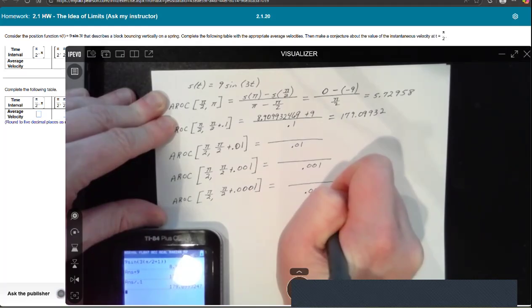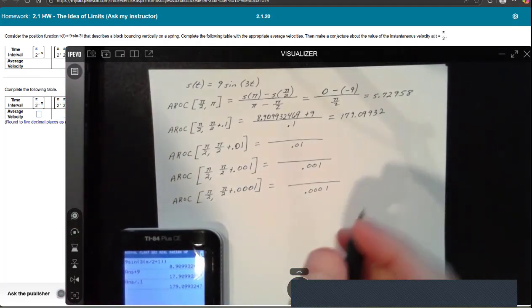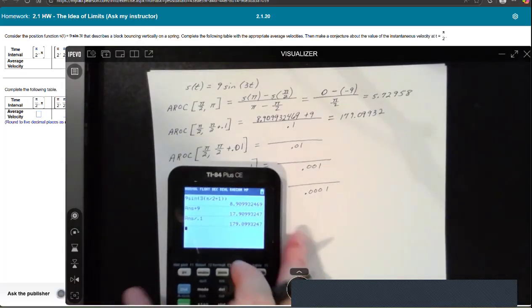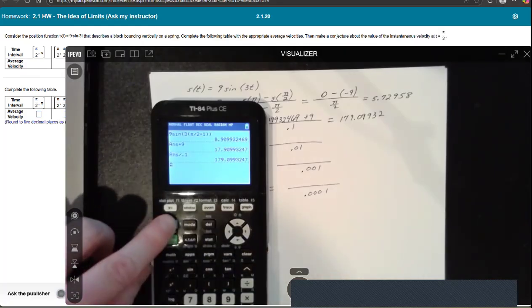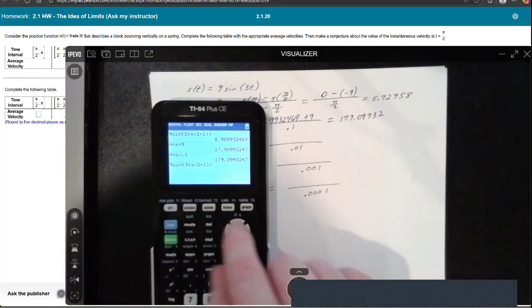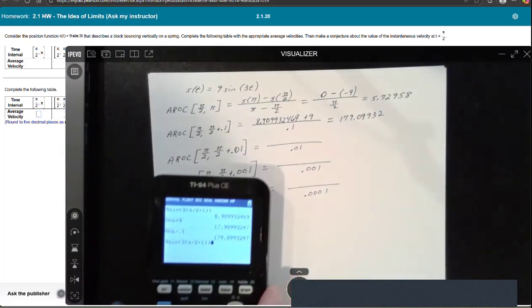So we're trying to get very precise answers here. Now, to get the numerator values, I'll just go back up and edit this one instead of pi over 2.